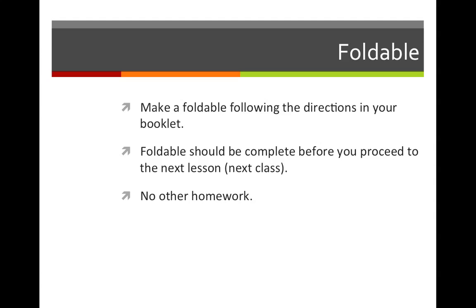So in your book, you have directions on how to make this foldable. That is what I want you to do for your homework, is just make the foldable, following the directions in the book, and have it ready for our next lesson, which will be next class. There is no other homework for today besides just making the foldable.